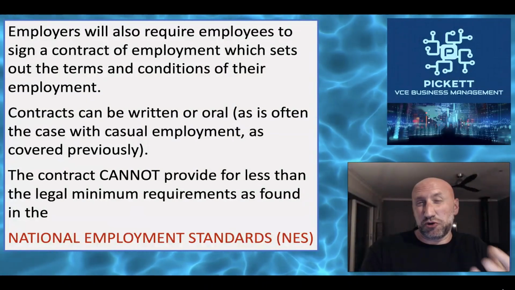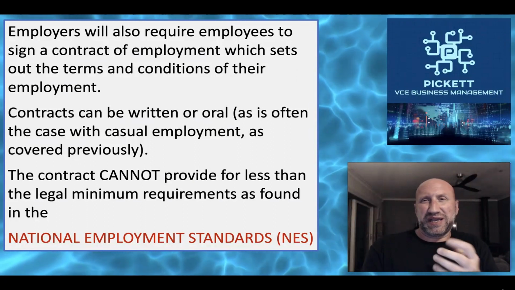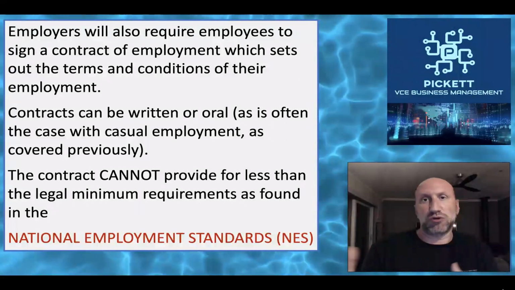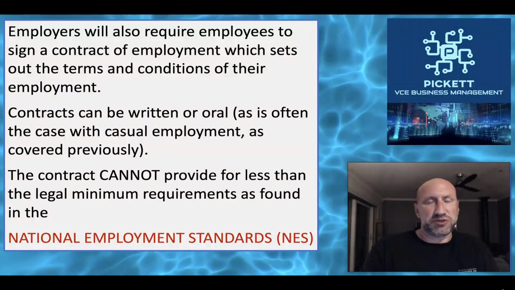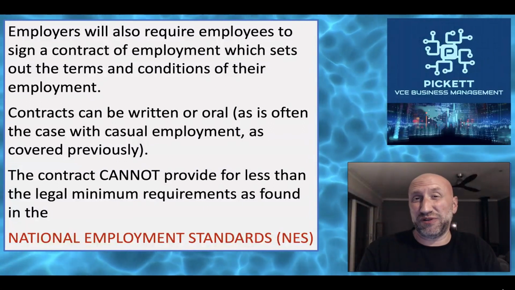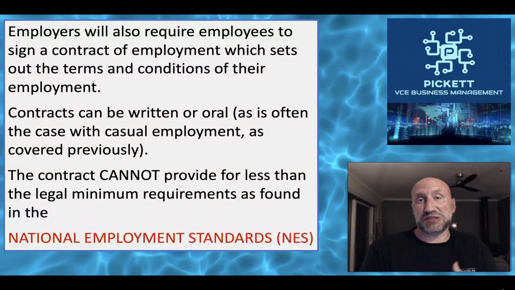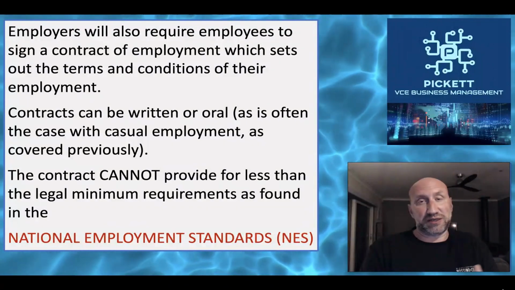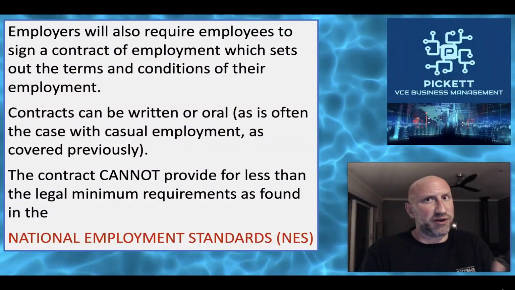So the contracts can be written or oral. For casuals, it's very rare that a casual is going to sign any kind of formal contract of employment. It's all just done unofficially, orally, which, like I said in the previous video, doesn't mean it doesn't stand up in court.